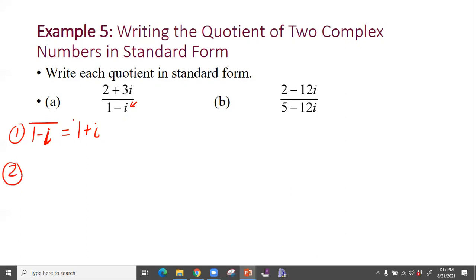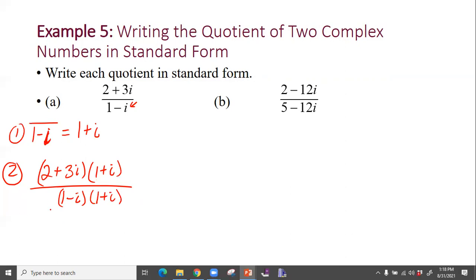Step 2 is to multiply the conjugate to the numerator and the denominator. And then we end up with 1 minus i times 1 plus i. In the numerator, you're going to have to FOIL or follow the rule pattern. And the denominator, you're going to use the theorem, right?